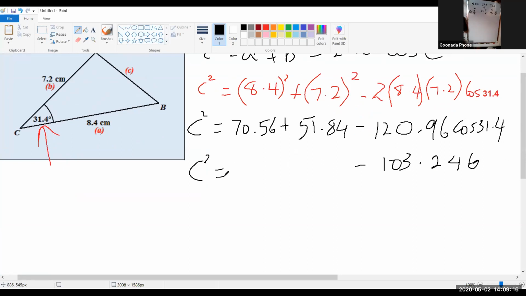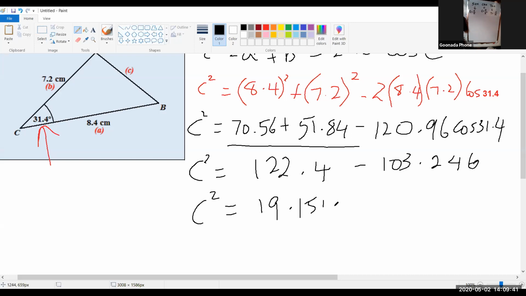And of course, let's add this, 70.56 plus 51.84 will give us 122.4. So 122.4 take away 103.246 will give us 19.154.